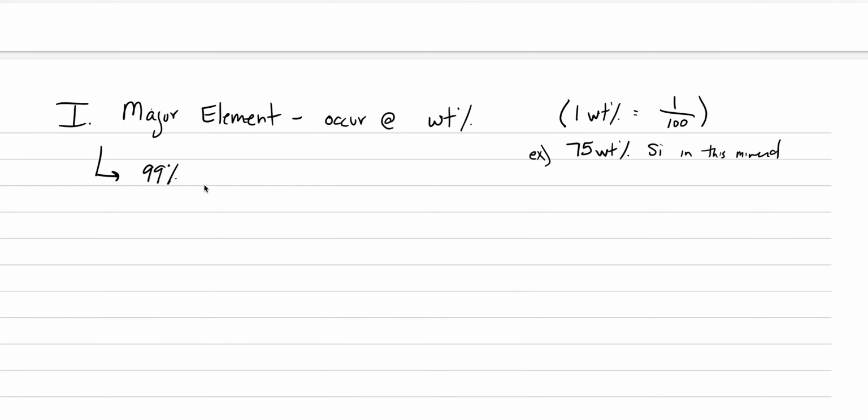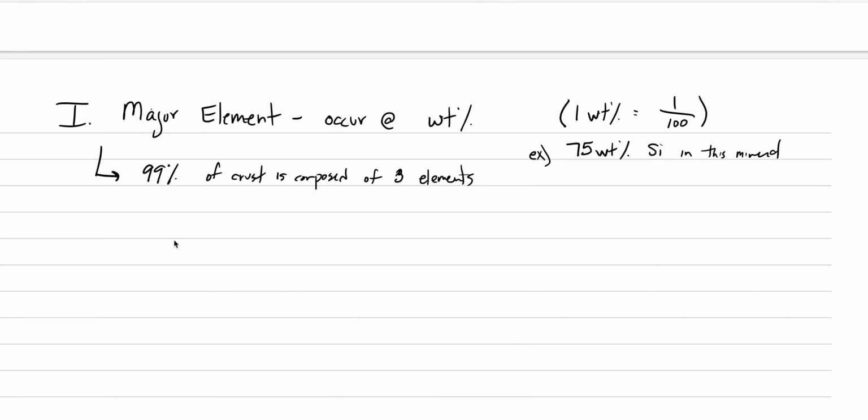In the end, 99% of the Earth's crust is composed of 8 major elements. And I want you to learn these in order. So let's say this: 99% of crust is composed of 8 elements. Later in your career, you're going to probably learn about what the mantle is composed of and what the core is composed of.